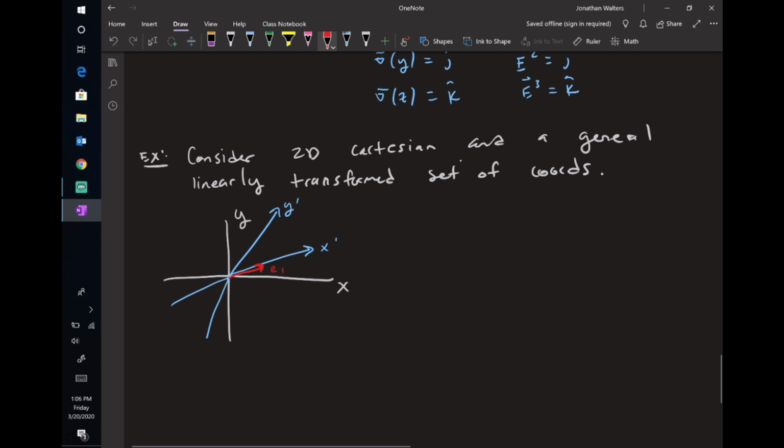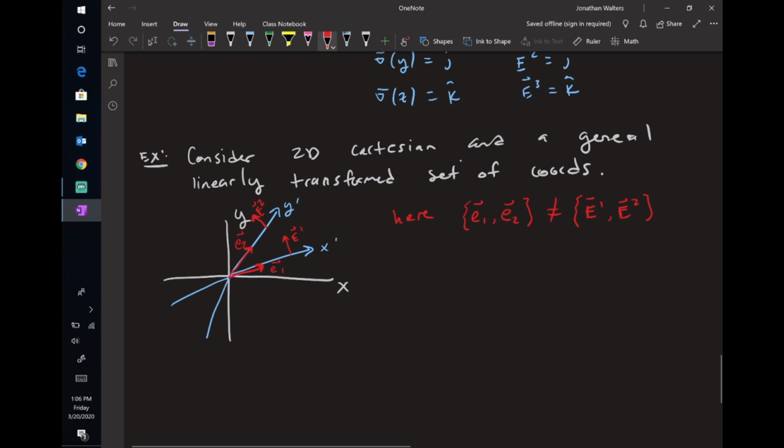So that's lowercase e1. And then lowercase e2 is going to go this way. Now, what about capital E1? It's going to be perpendicular to this line, so that's going to be capital E1. And this is going to be capital E2. So in this case, the vectors are not the same. Here, the set lowercase e1, e2 is not equal to the set capital E1, capital E2.